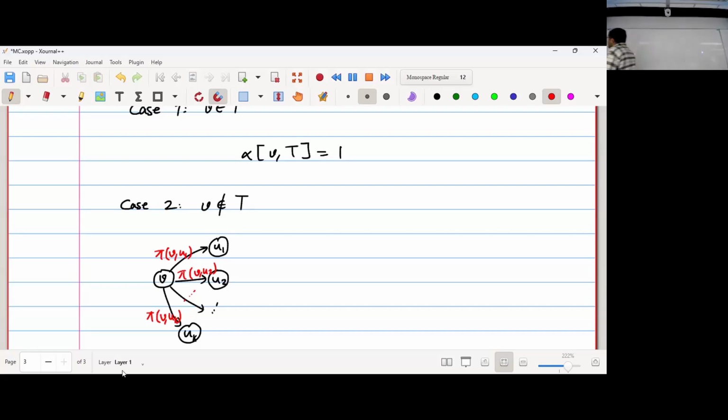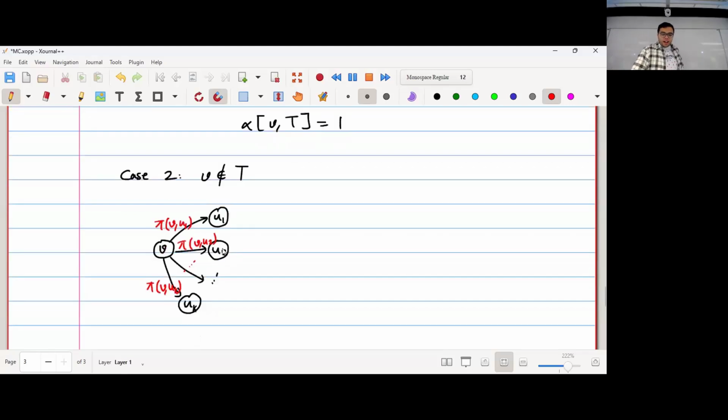So if I start at vertex V, I know the probability of taking each of these edges, right? And after I take an edge, I know what is the probability to reach my target if I start at U1. That's just alpha of U1, T, right? So what I have in this case is a very simple recurrence. I can say alpha of V, capital T, is going to be alpha of U1, T times this probability.